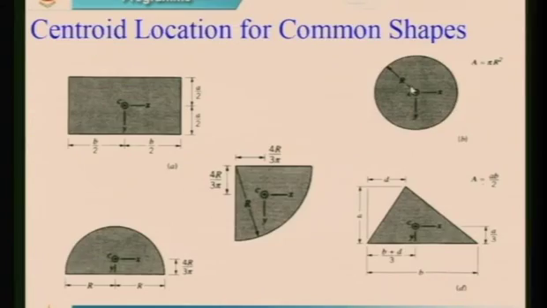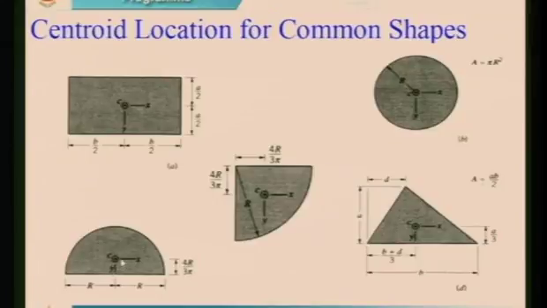Similarly, if you take a circular section, the centroid will be the center of the circle. Suppose I take a semicircle, in that case it will be r on the x axis and on y it is 4r by 3 pi, where r stands for the radius of the circle.